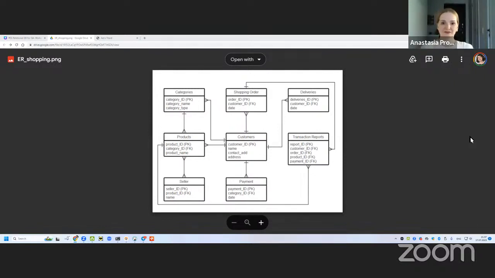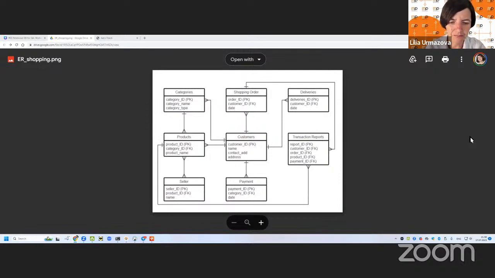Product category. Okay, let's begin by understanding what that transaction reports table is about. It connects customer ID with order ID, with product ID, and with payment ID, and all of them should be related to each other with a many-to-many relationship.